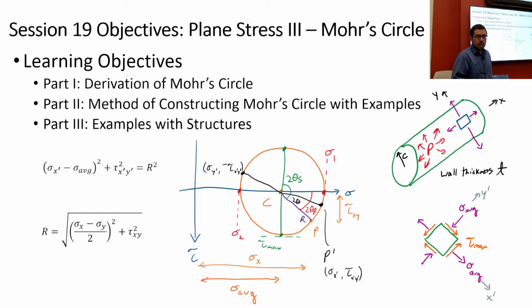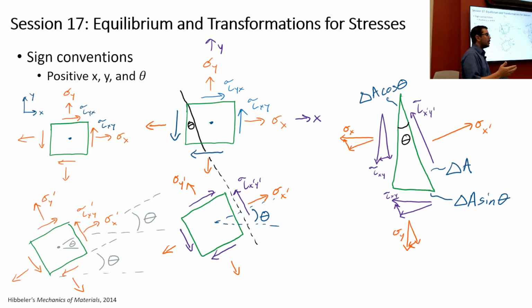This is a slide that goes back to session 17, just to remind us of some conventions. What do we see here? We see that this is a 2D element. We have some normal stresses and we have shear stress, and this is drawn such that all these stresses are positive.